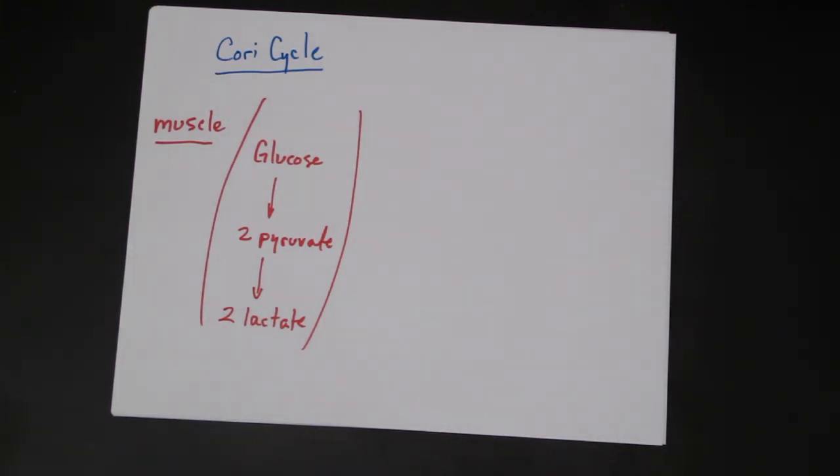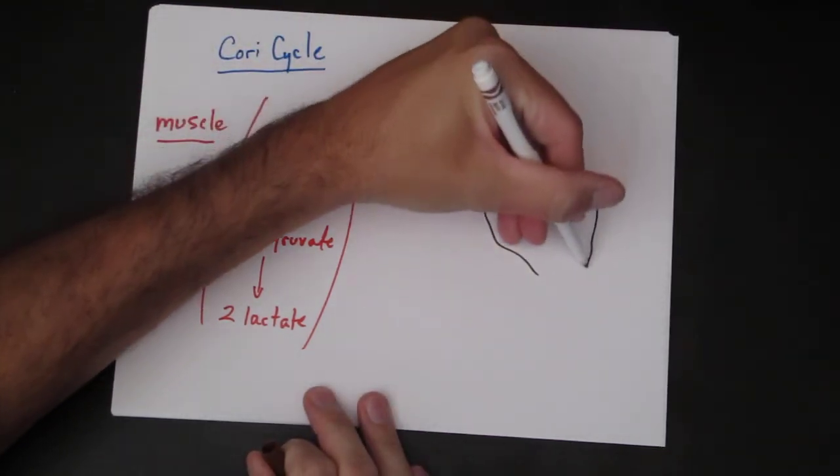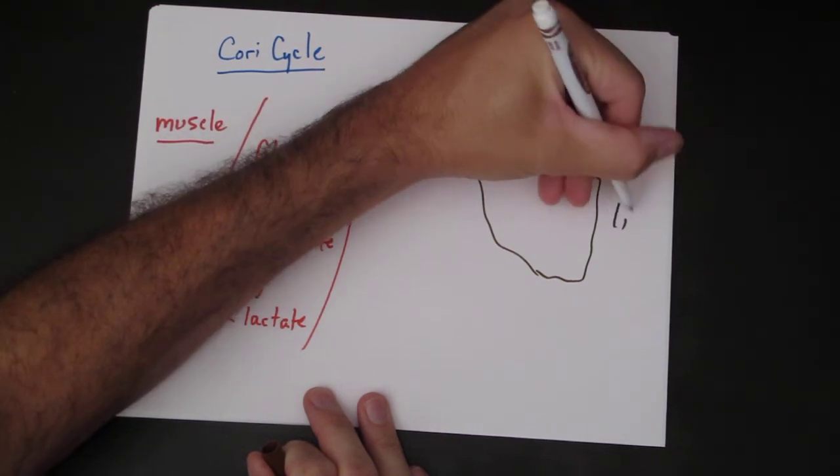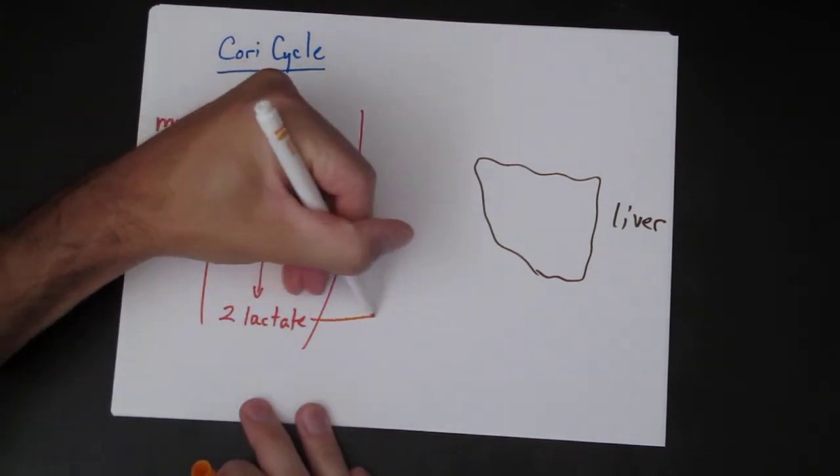So lactate is diffusing into the bloodstream, and it's going to go to the liver, right? So here's our liver right here. And the lactate is going to travel in the bloodstream to the liver.